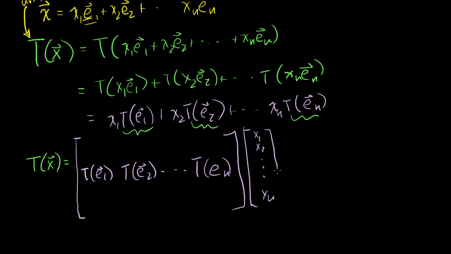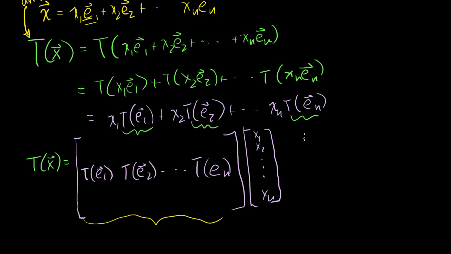We've seen this multiple times. Now what's really, really neat about this is I just started with an arbitrary transformation. And I just showed that an arbitrary linear transformation of x can be rewritten as a product of a matrix, where I'm taking that same linear transformation of each of our standard basis vectors, and I can construct that matrix, and multiplying that matrix times my x vector is the same thing as this transformation.